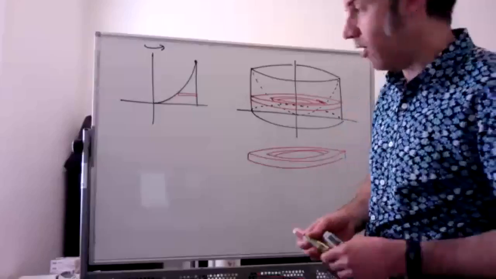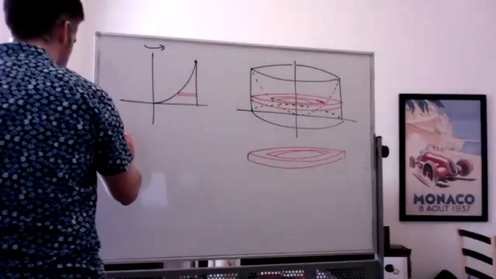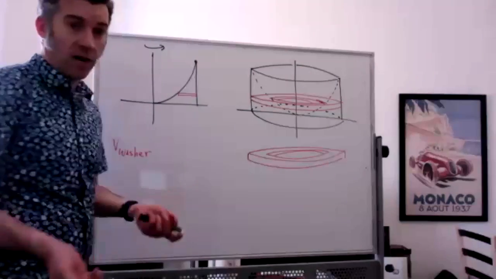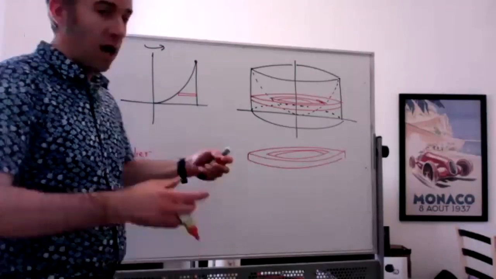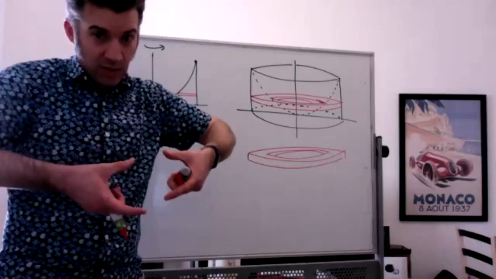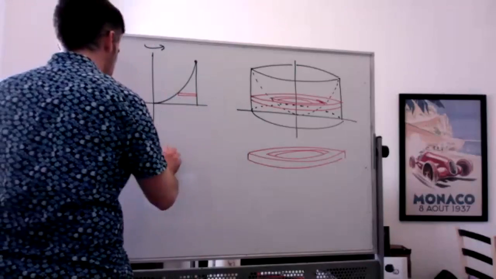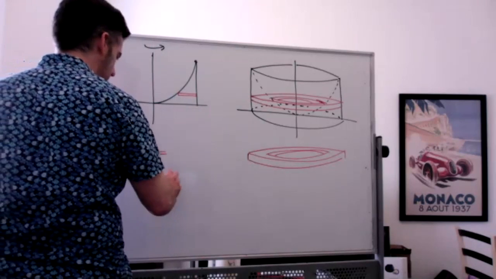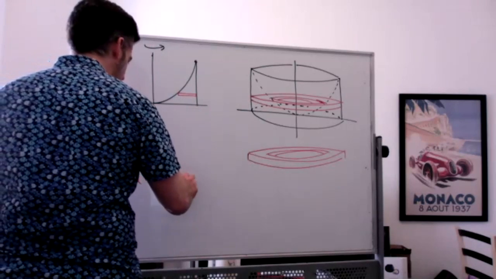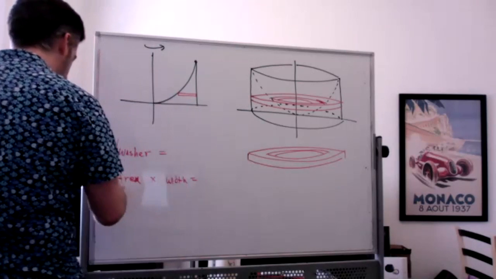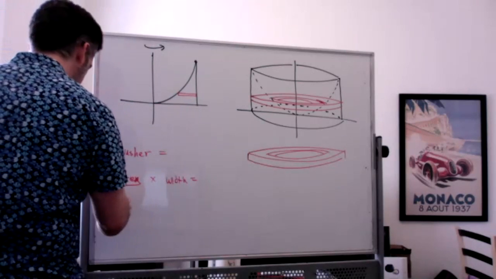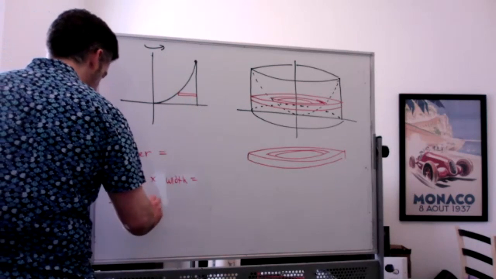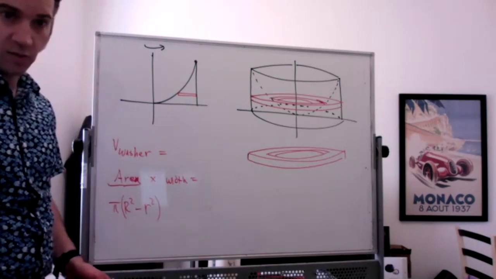And the volume of a washer is the area of the washer, which is just a big circle minus a little circle, times the thickness or the width. So the area is going to be pi times the big radius squared minus pi times the little radius squared, right?